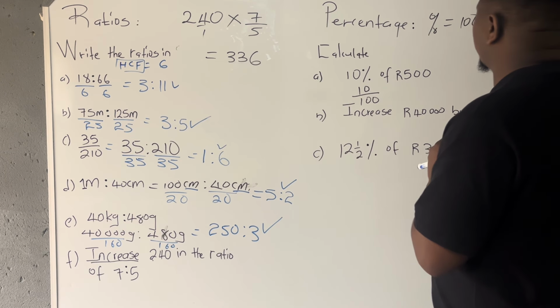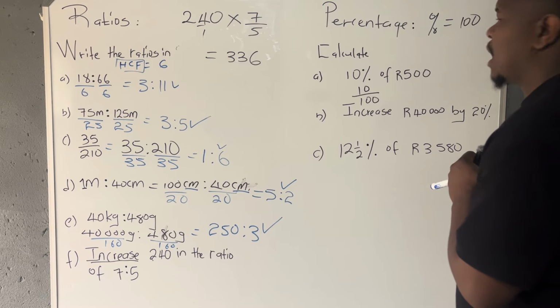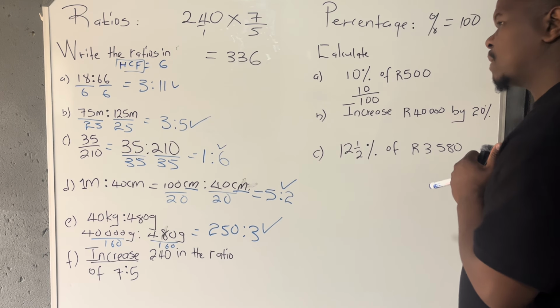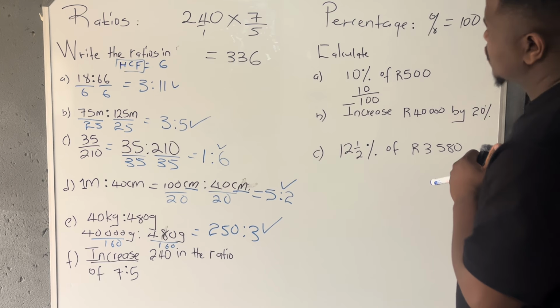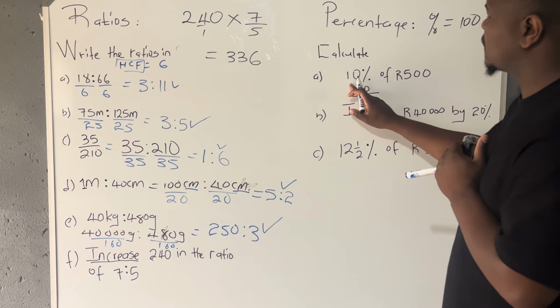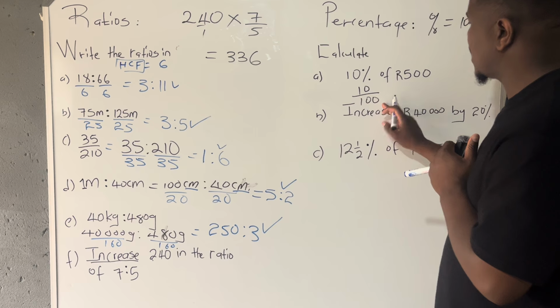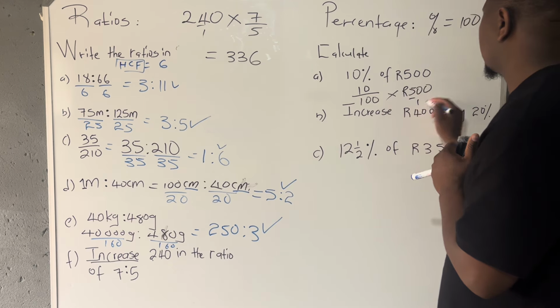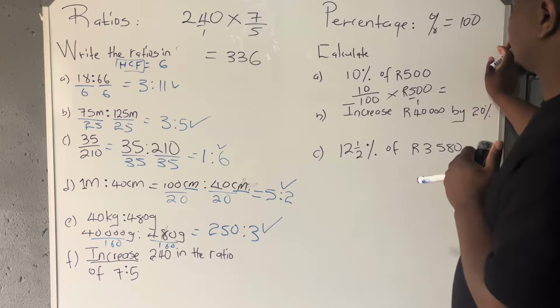Because bear in mind, when a learner achieved 70% in an exam, we say you got 70 out of 100. So this is a conversion of just saying 10% is actually 10 over 100, and we multiply by 500. Then you can just write the final answer.